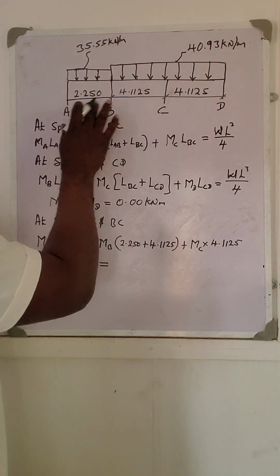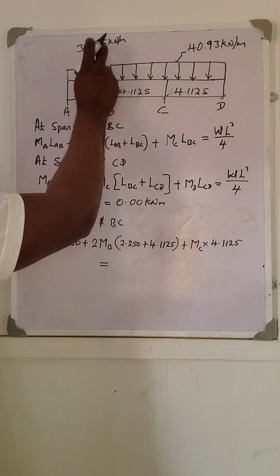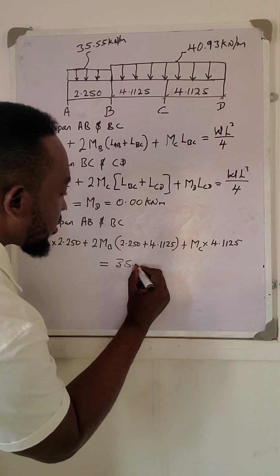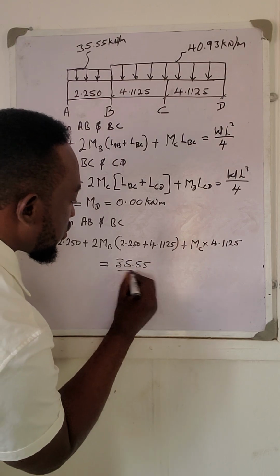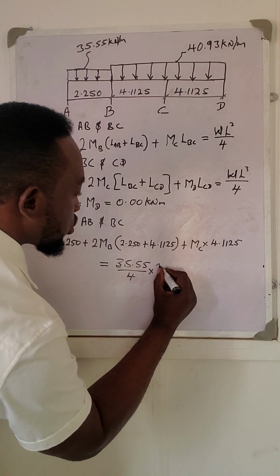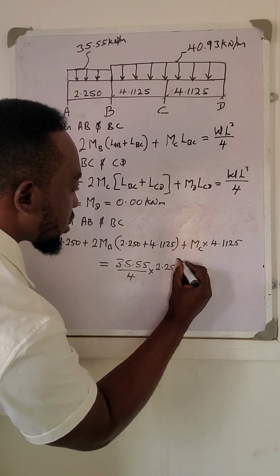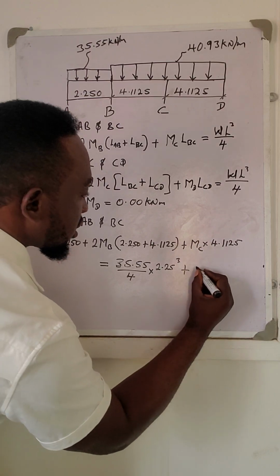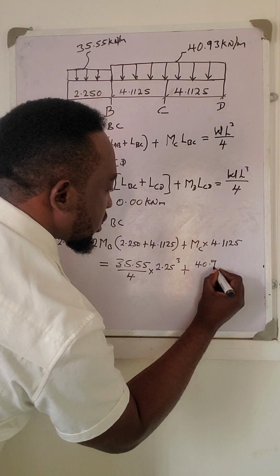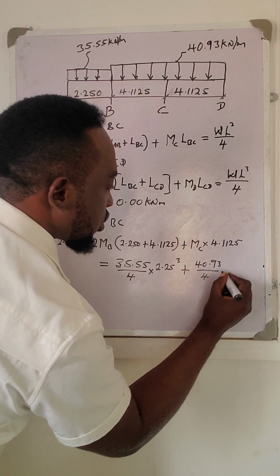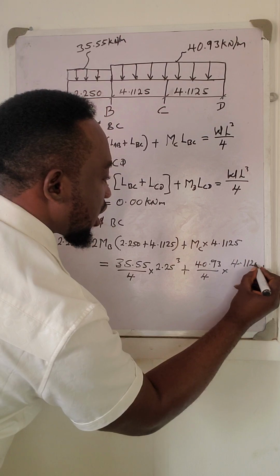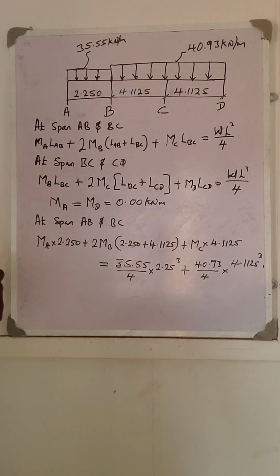Now we have two spans here. This W is 35.55 over 4 multiplied by 2.25 raised to power 3, plus 40.93 over 4 multiplied by 4.1125 raised to power 3.